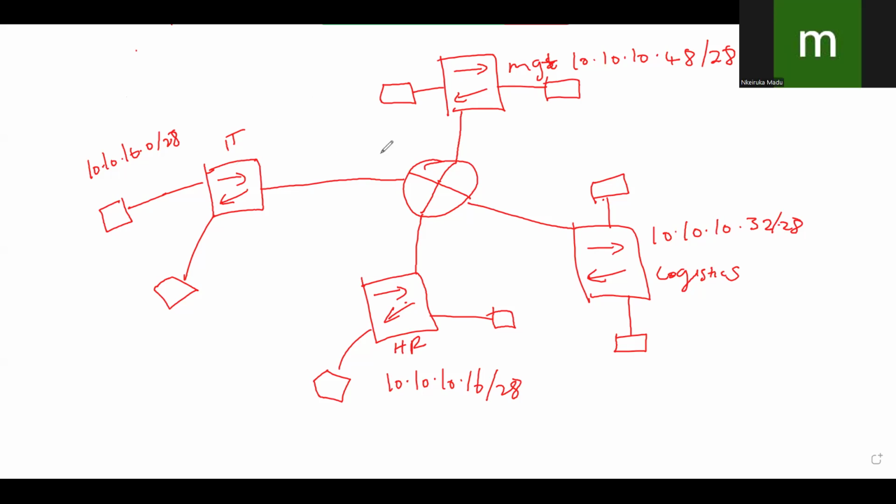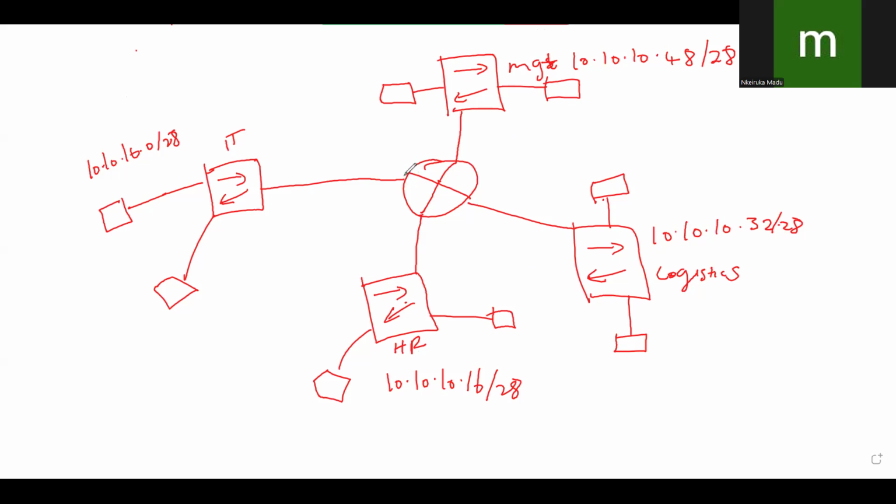So to make sure that the router recognizes IT, management, logistics, and HR, it is not enough to just connect the switches to the router. That is the first step. The second step is to tell the router what IP address each interface is responsible for.